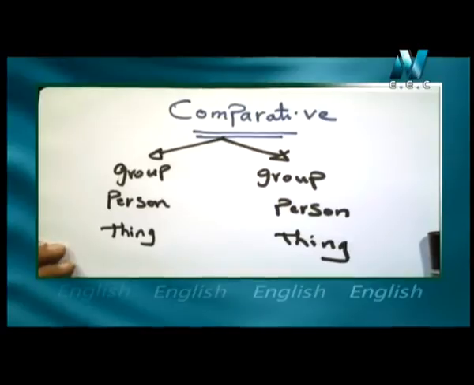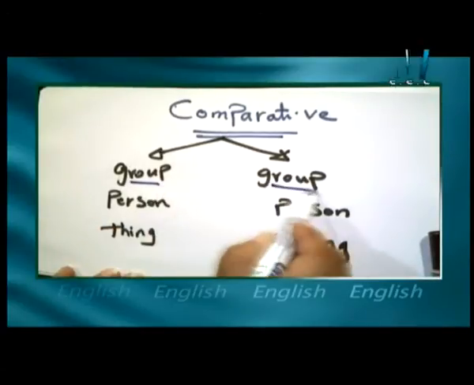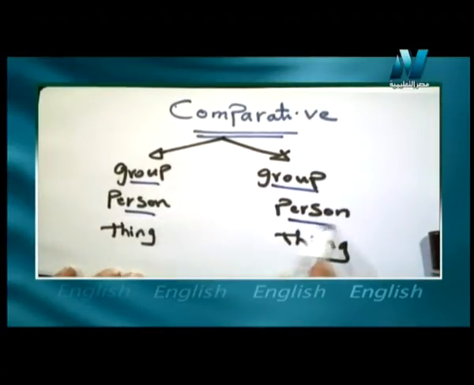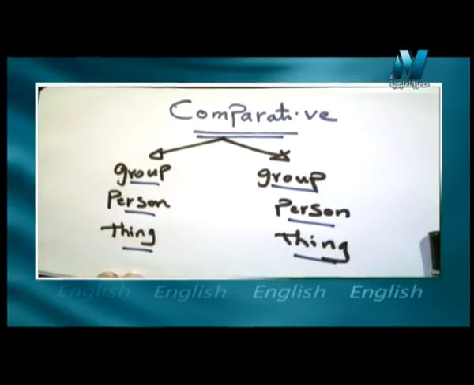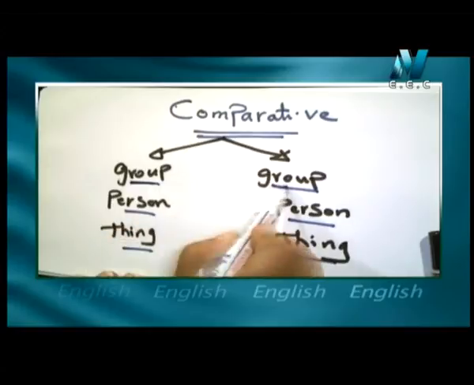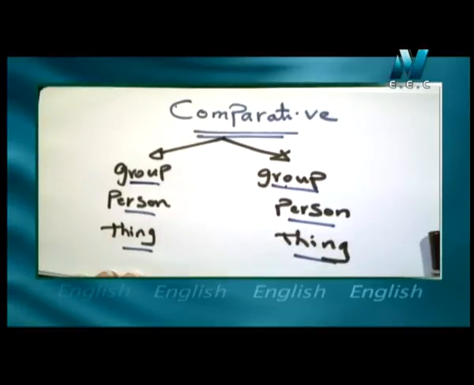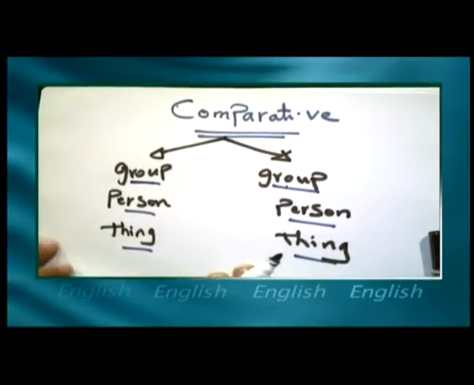Okay, I'm comparing between a group and a group, person and a person, thing and a thing. يعني طرفين متعادلين زي بعض, جروب وجروب, شخص وشخص, thing وthing. Okay, how can I form the sentence in the comparative form?